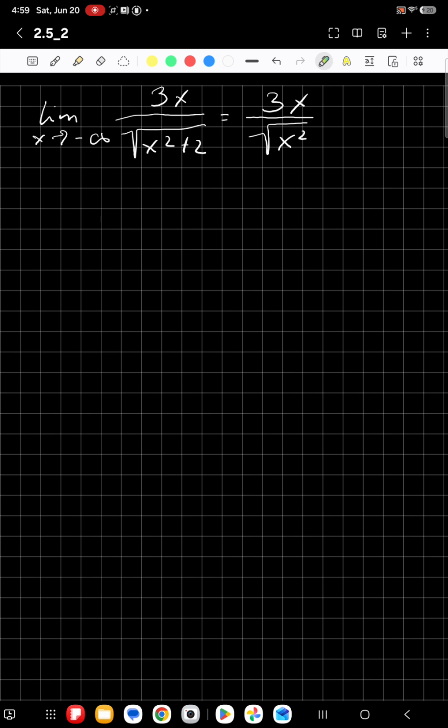And at this point, what we can do is just take this infinity, or large negative numbers, and plug them in. So I would take that negative infinity and plug it in here.